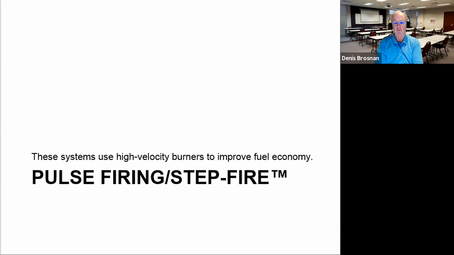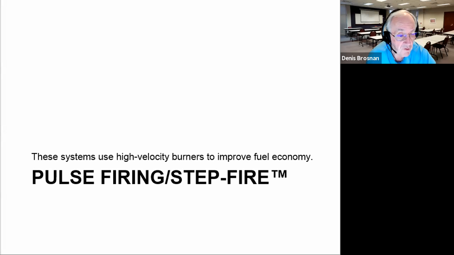So the high pressure pulse of air in what's called a high velocity burner can shoot that pulse all the way across a kiln setting or across a kiln dimension. And by doing this, we don't have the dead spots that we have in normal combustion.